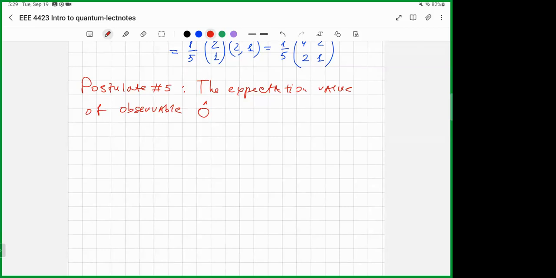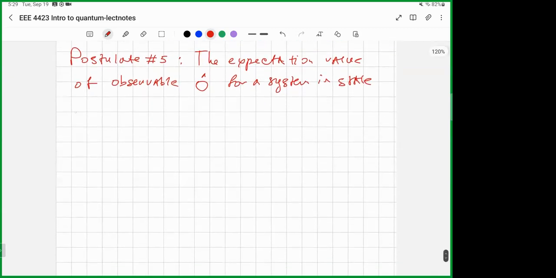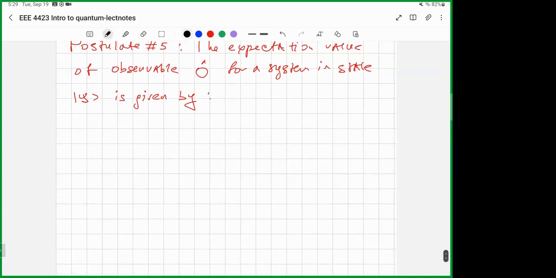So it's observable O for a system in state psi, given by this construction, this matrix element. We denote the average by these brackets, right?